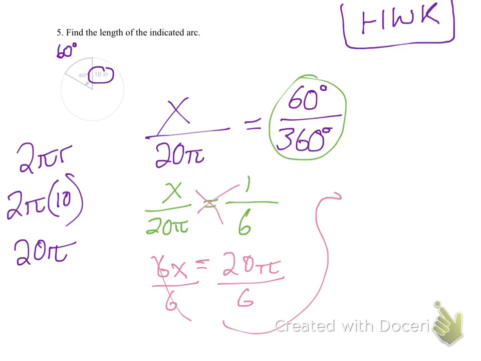I'm going to go ahead and take this up here so we have a little bit of room. X would equal 20 over 6. What is that? 10 over 3. So 10 pi over 3 inches. Or if I want to get an approximation, all I have to do now is put 10 times pi in my calculator, which is about 31.415926, because it's just pi, and divide that by 3.